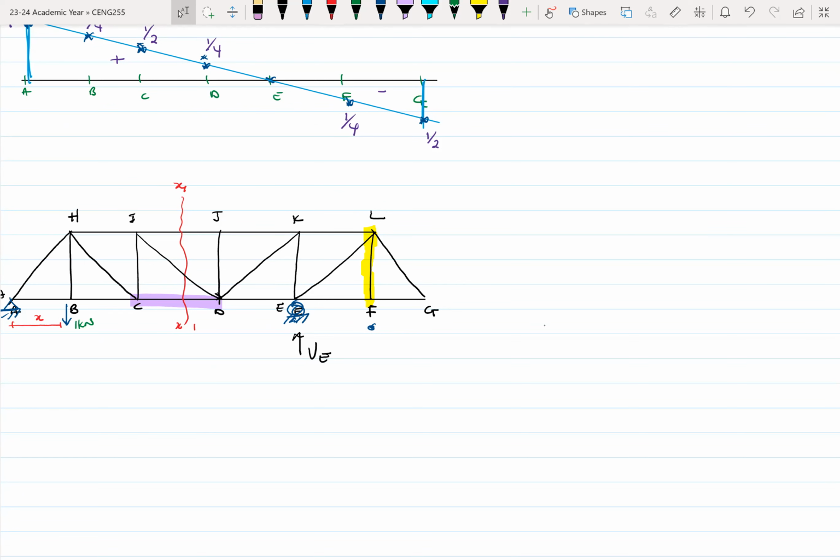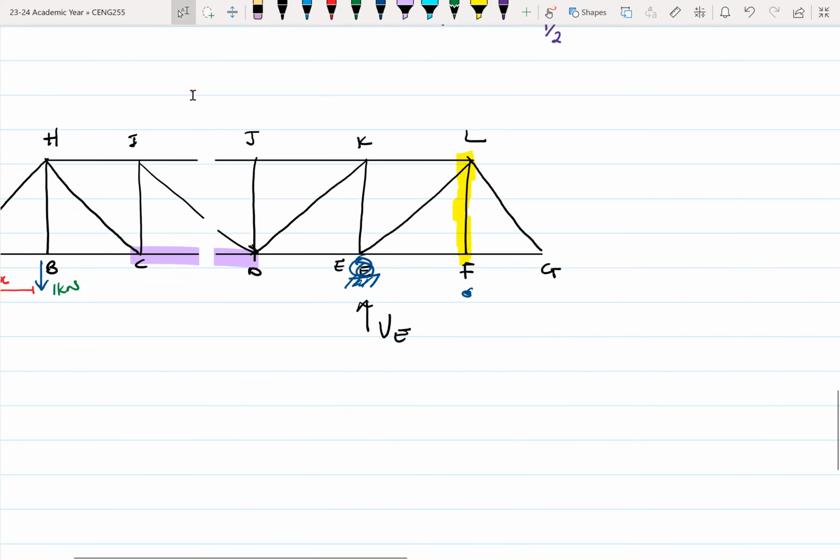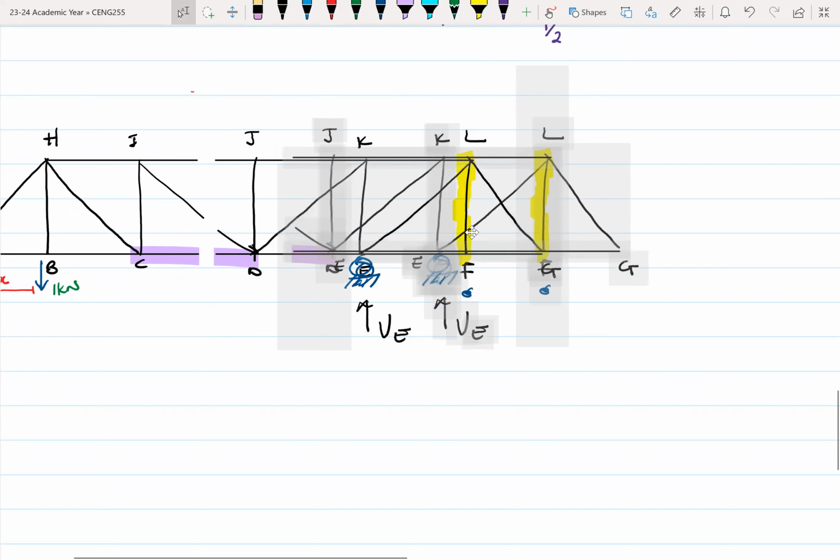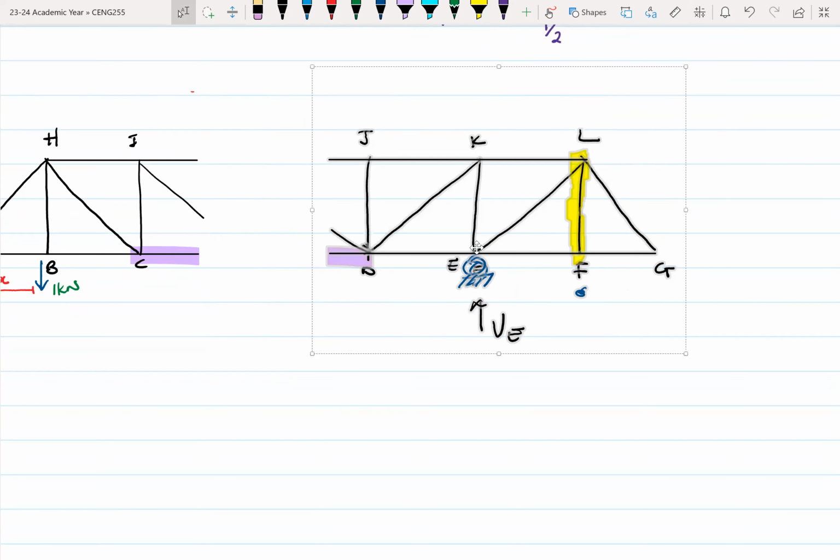Let's do something interesting. It's always easier to do the lazy man approach. Okay, so I can copy the one here, move it slightly towards the left.